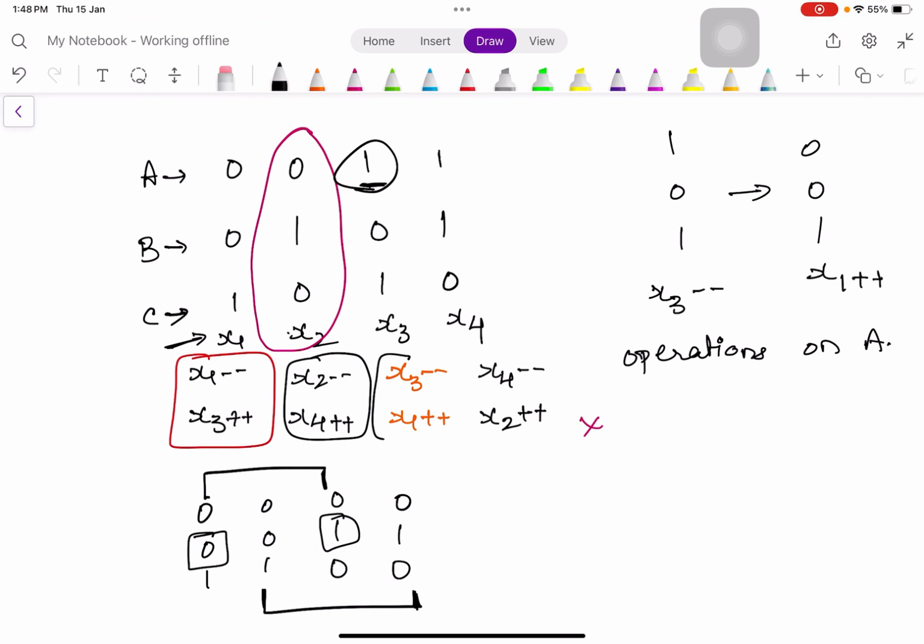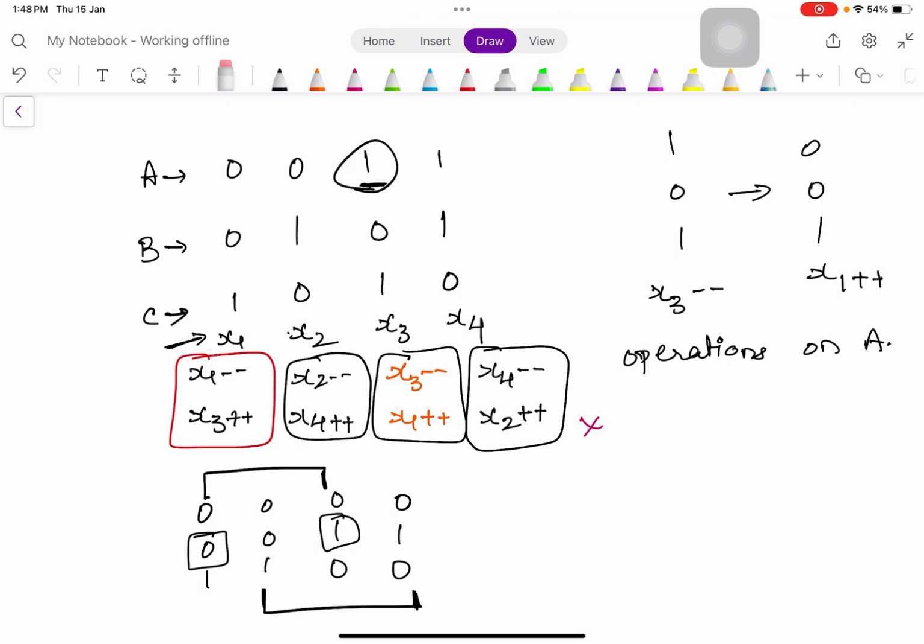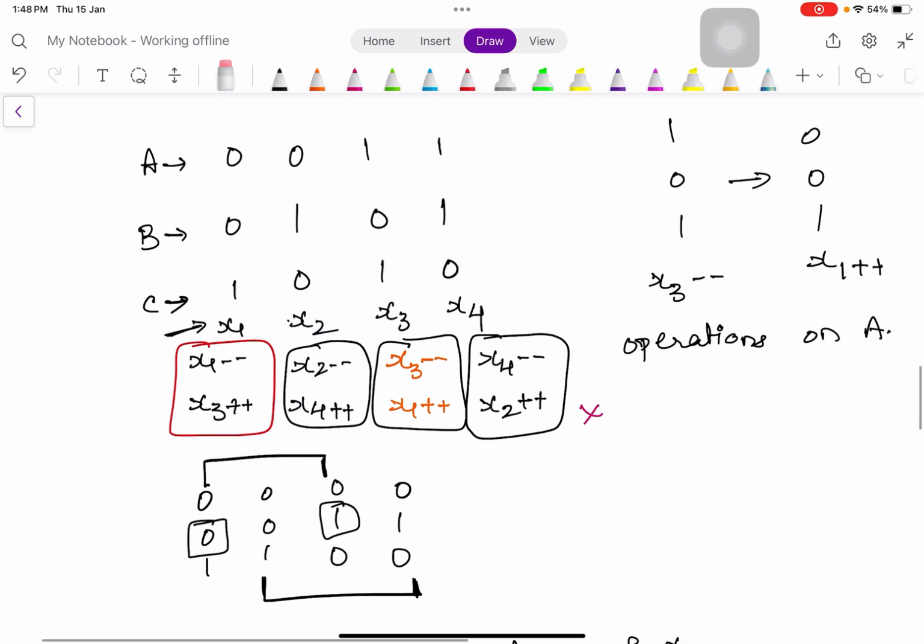That's what we have written over here. Similarly, if you do the operation on the last configuration x4, the x4 count will get reduced and the x2 count will get increased. So this is what happens when we do a type 1 operation on string A. That is very clear.